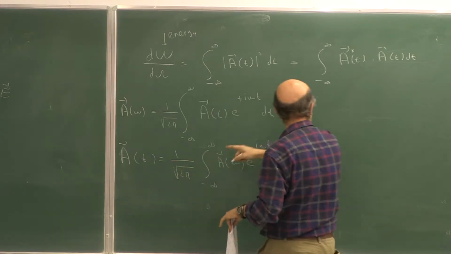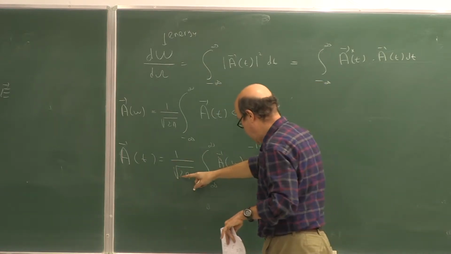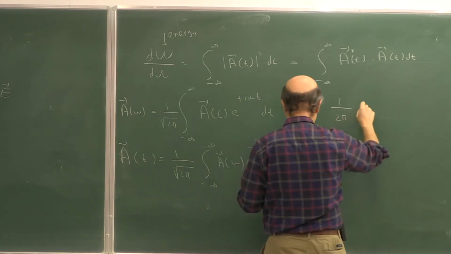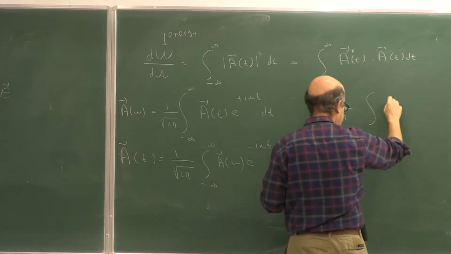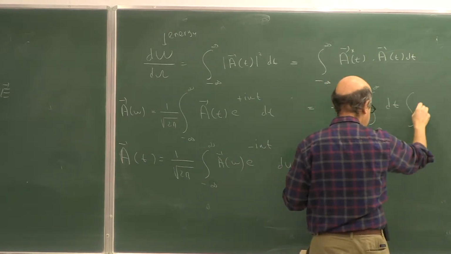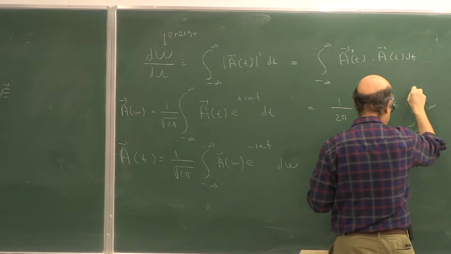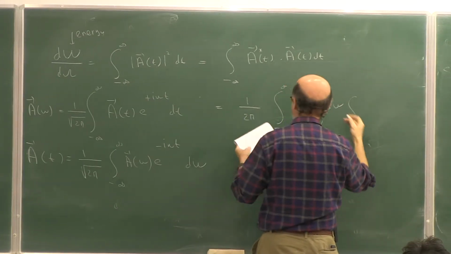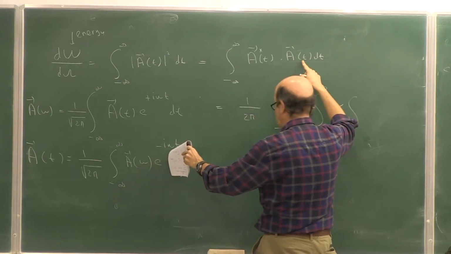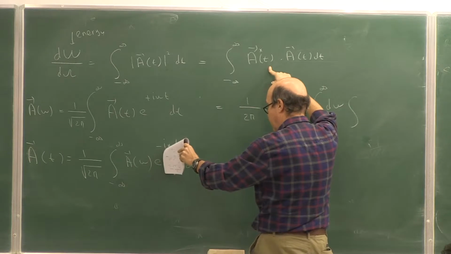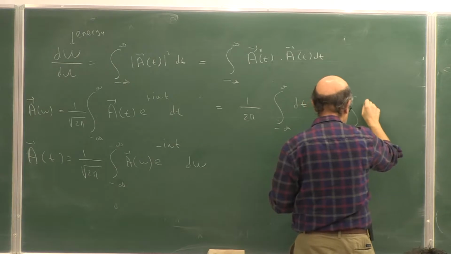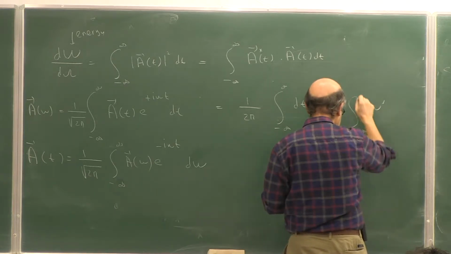So A and A complex conjugate of t will have 1 over square root of 2 pi, and once more of that will be 1 over 2 pi. And what else? We have the dt integral for all times, and we have the frequency integral, and we have, let us say, A of t written in terms of omega, or A of t complex conjugate written as omega prime. We should use different indices for the integrations, otherwise everything will be mixed up.